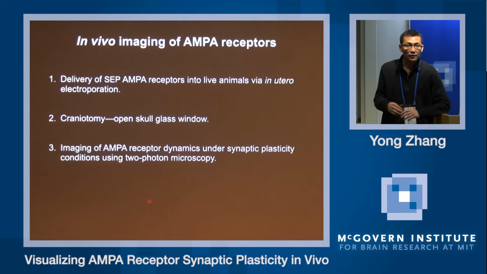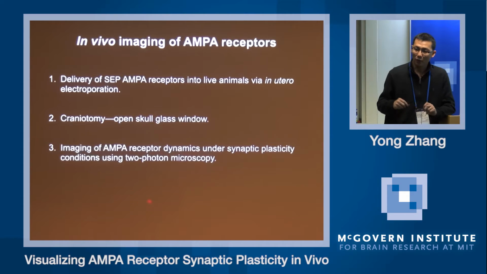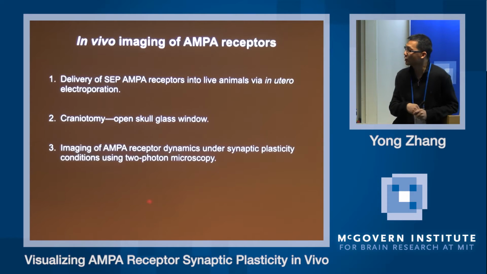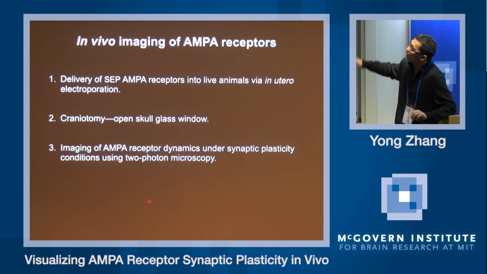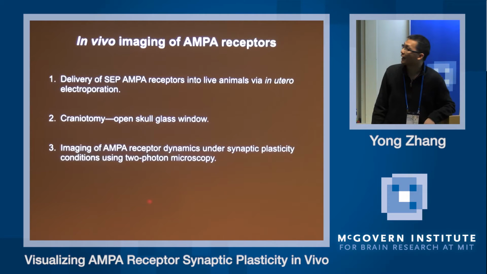So when I joined Rick's lab some years ago, we decided to address this question using two-photon in vivo imaging. This slide shows you the basic strategy for how we are going to image AMPA receptors in vivo. First, we are going to deliver the SEP-tagged AMPA receptors into live animals using a method called in utero electroporation, which I'll explain a little more on the next slide.